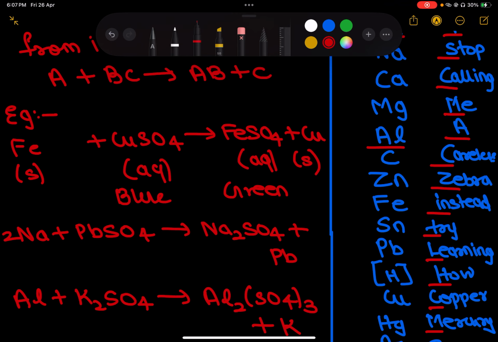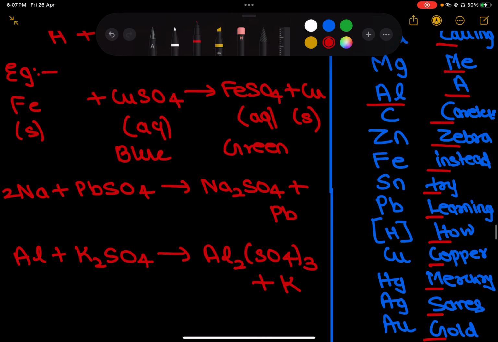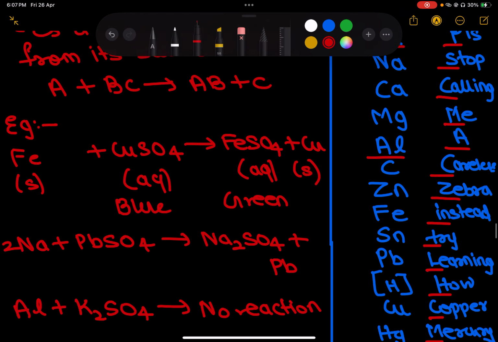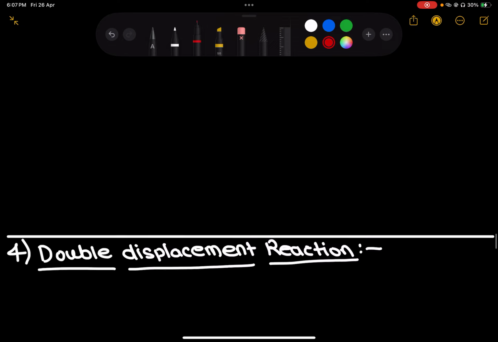No, because Al is less reactive than K, potassium basically. So this reaction is not valid, or basically you can write here no reaction takes place. Simple. So this is the way displacement reaction works.